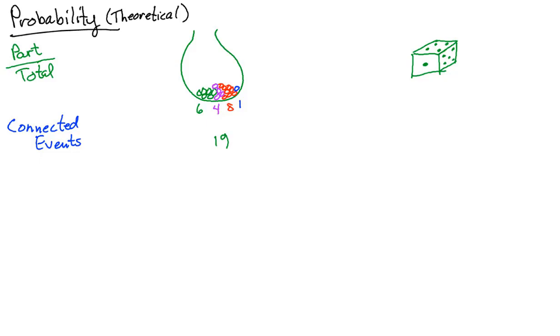So what is the probability of reaching in there and picking out a purple? I would say there are 4 possibilities. That's the part that I'm interested in right now. There are 4 out of a total of 19.